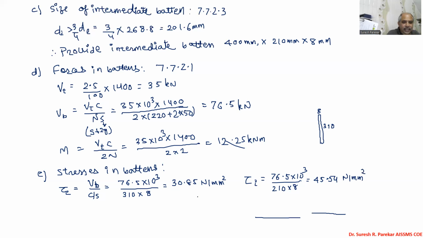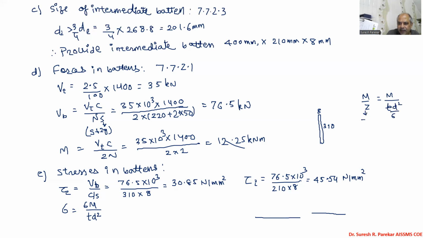Then we have bending stress sigma, equal to M upon Z. Actually this is M by Z, and we have Z as T D square upon 6.